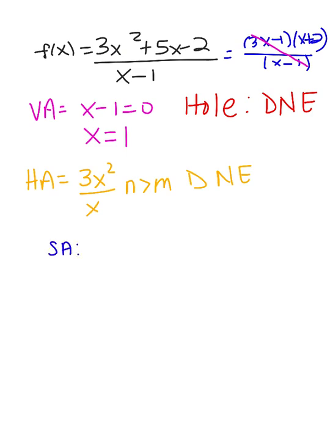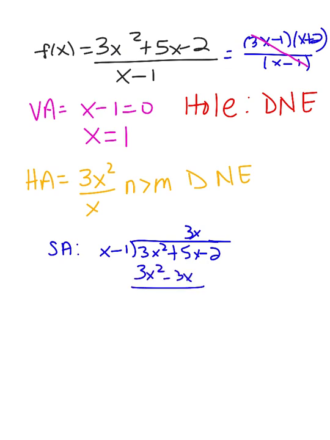So I'm going to do x minus 1 divided into 3x squared plus 5x minus 2. So x times what is 3x squared? It's 3x. Multiply down. That's 3x squared minus 3x. Make sure you subtract, so this becomes plus minus plus.